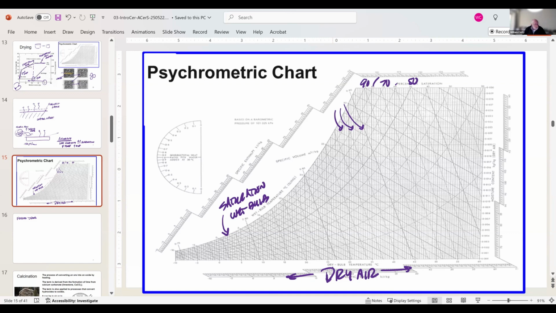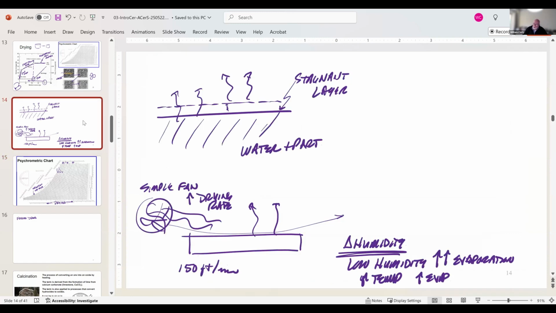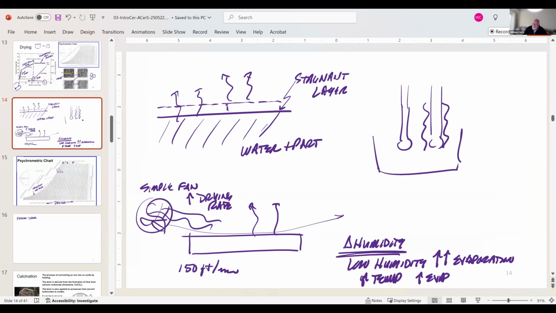So what you get is the wet bulb temperature versus the dry bulb temperature. It's this really simple little device. You have two thermometers. This used to be in earth science or whatever. One has a sock around it into a little vat of water.